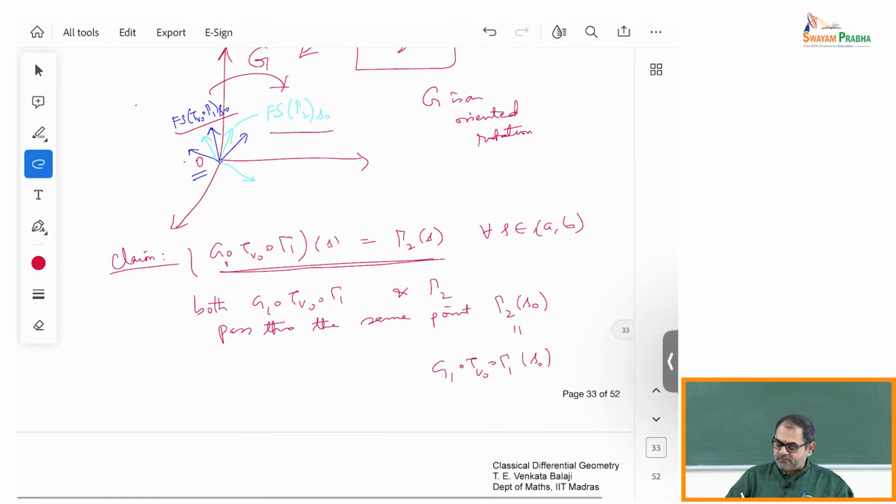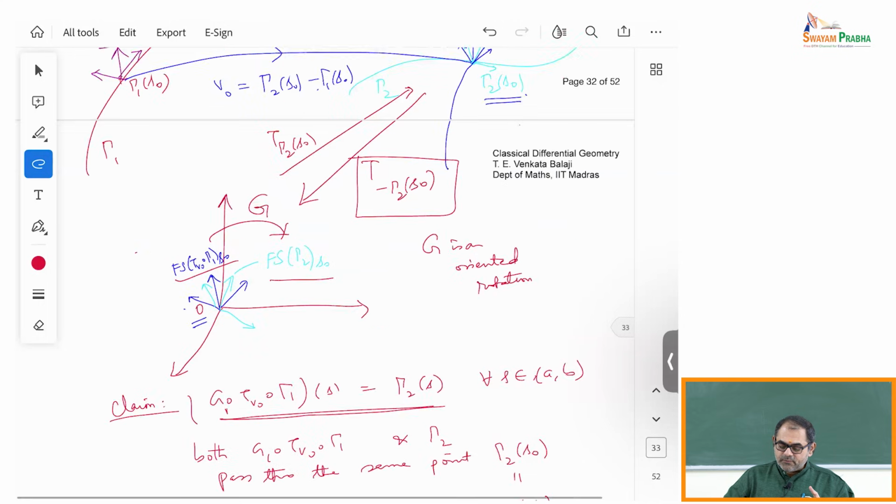And T V1 circle gamma 1 of S0 is going to be just gamma 2 of S0, and G1 of gamma 2 of S0 is just gamma 2 of S0 because G1 fixes gamma 2 of S0.